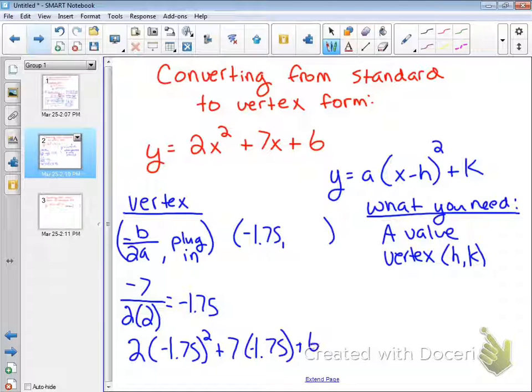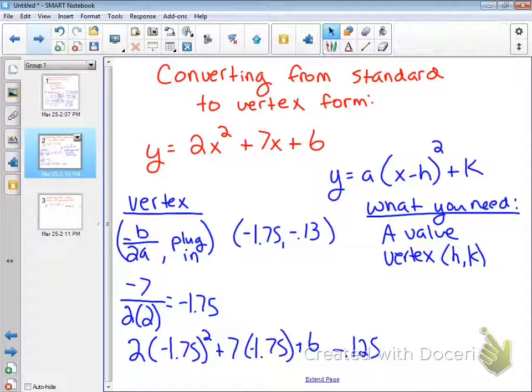So let me put that in the calculator. 2 parentheses negative 1.75 squared plus 7 parentheses negative 1.75 plus 6, and I get negative 0.125. So my y value of the vertex is negative, we'll do 0.13.